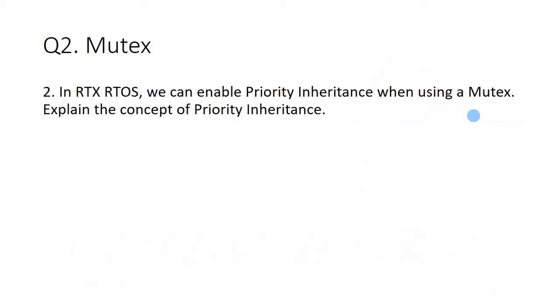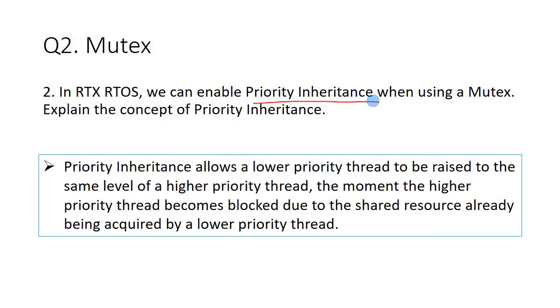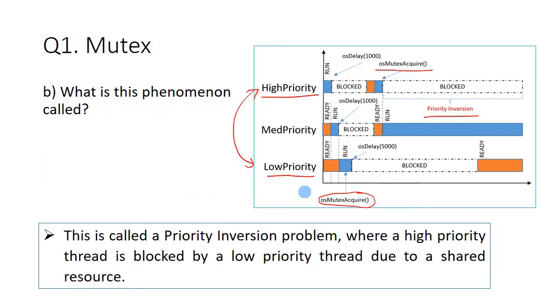So in RTX RTOS, we can enable this thing called priority inheritance. Okay, and what is this priority inheritance? It allows a low priority thread to be raised to the same level of a high priority thread the moment the high priority thread becomes blocked due to the shared resource already being acquired by a low priority thread. Okay, so let me explain that in the picture earlier.